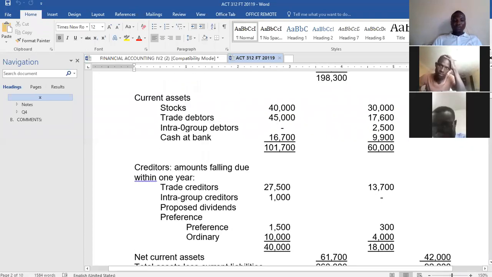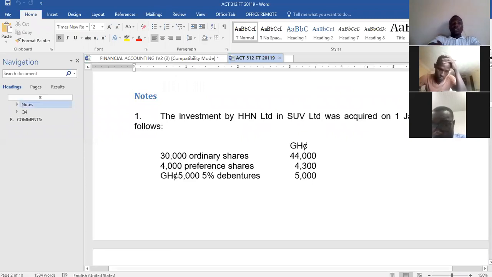Now, let's look at the notes, which are very, very important. Note 1 states that the investment by H Limited in S Limited was acquired on 1st January 2010.